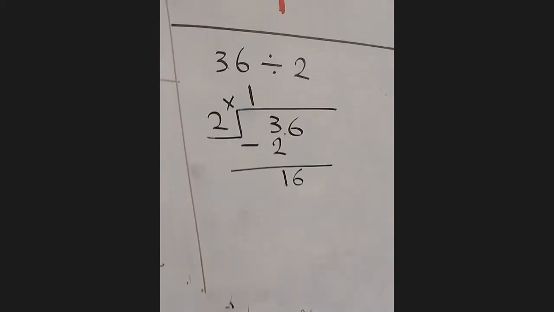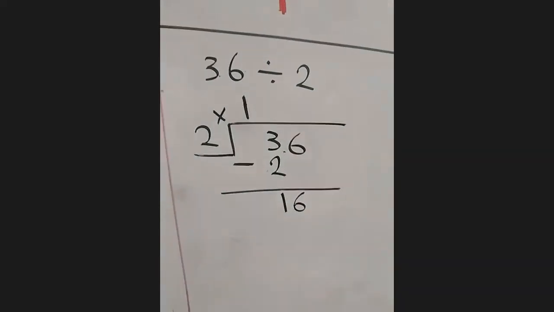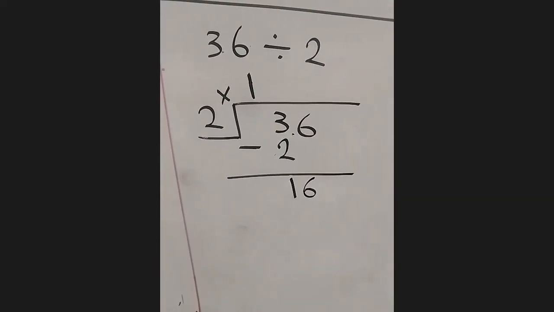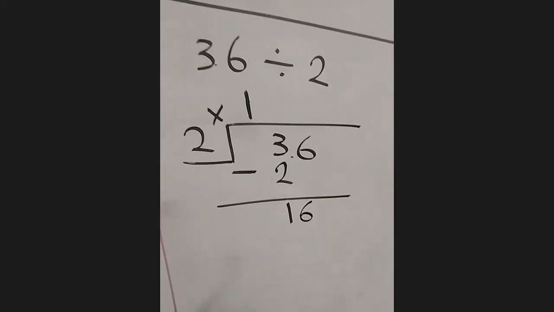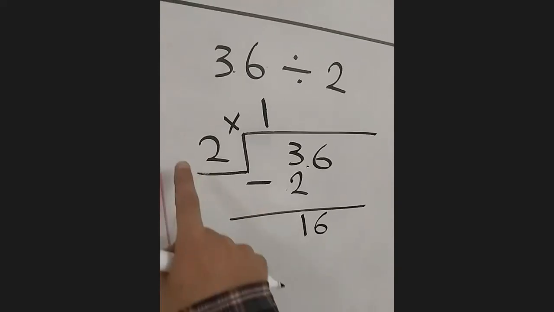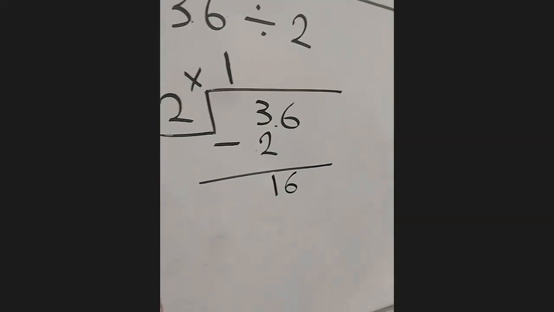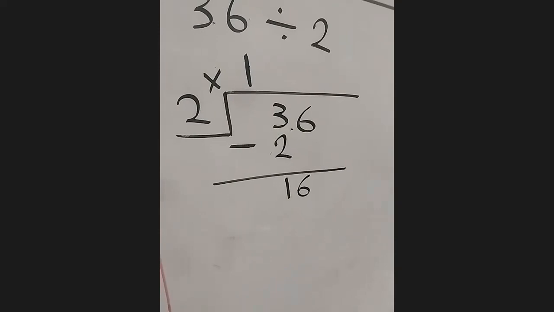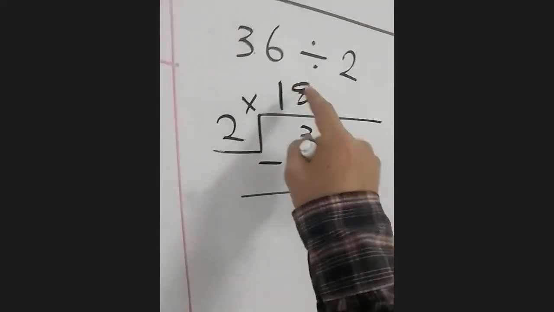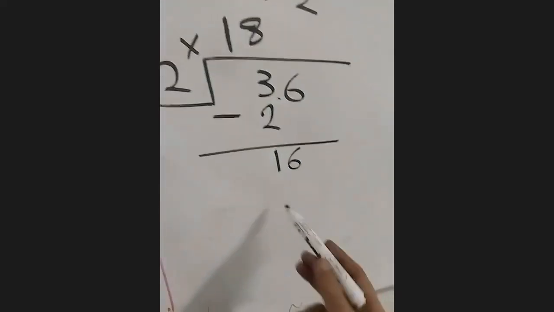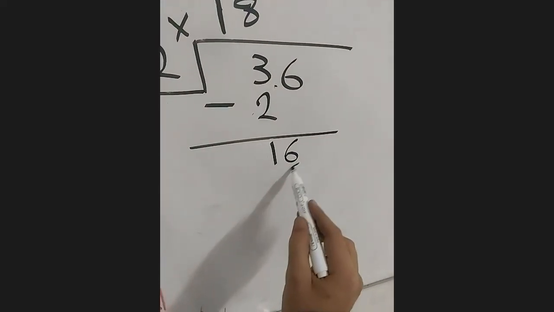Now, in the timetable of 2, do we have 16? Yeah, 2 multiply 8. So 16 divided by 2 is 8. So up, I'll put 8 and do the multiply. 8 multiply 2 is 16.